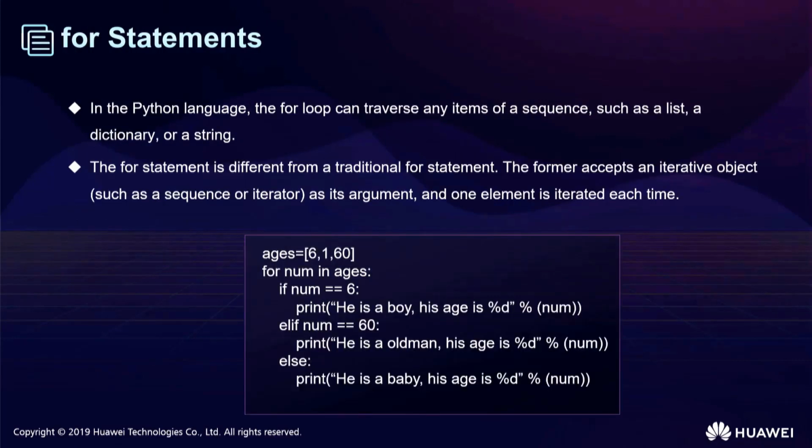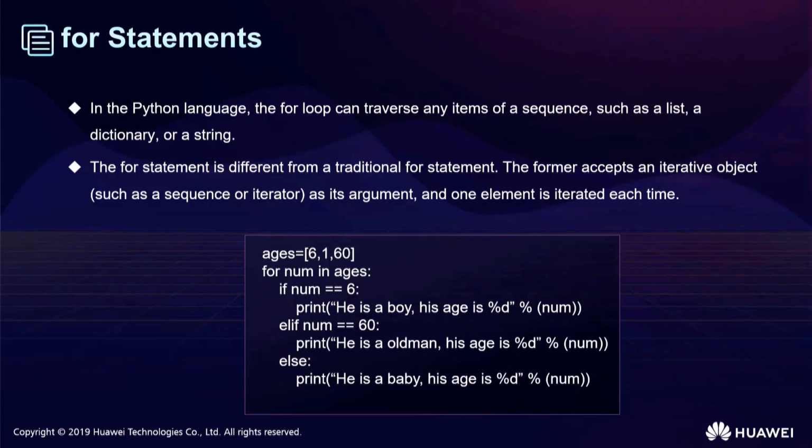In Python, the for loop can traverse any items of a sequence, such as a list, a dictionary, or a string. The for statement is different from a traditional for statement. It accepts iterable objects as its argument, and one element is iterated each time.